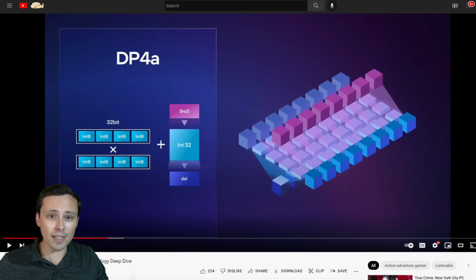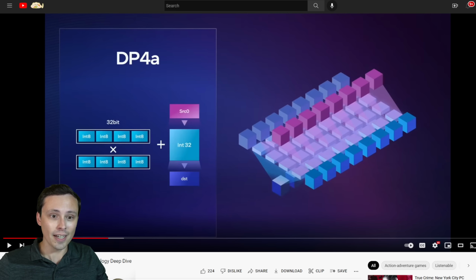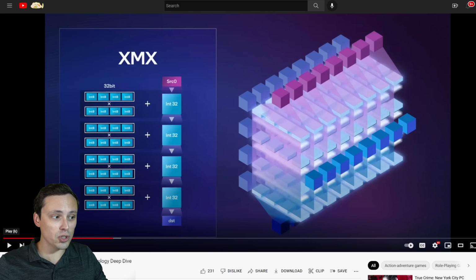However, this could be a big drawback when you compare it to how it will run natively on Intel's hardware, where their XMX cores are going to allow it to run 16 of these operations in parallel. So you'll see that that is a 4 times difference in how fast it should be able to compute the XeSS algorithm.